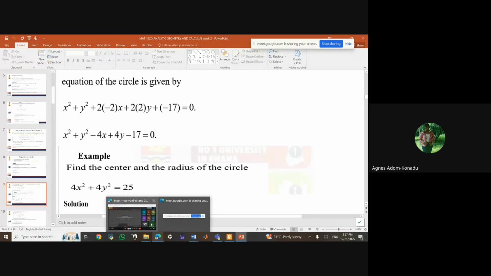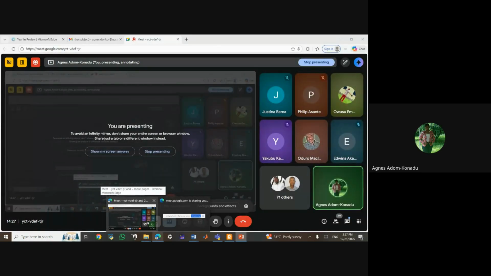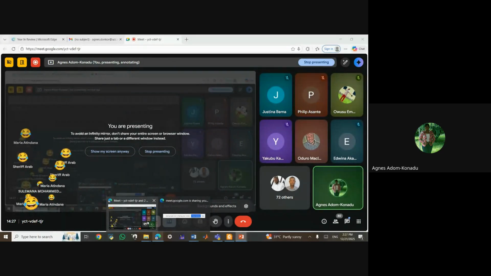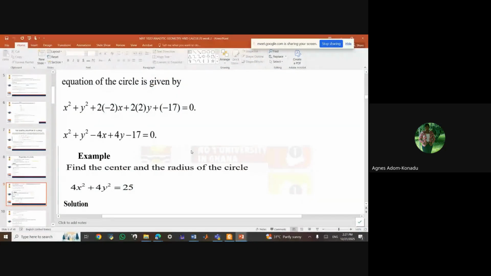Those of you who said it is 5, give yourselves a knock on the head. You have to divide through by 4 so that you have x squared plus y squared is equal to 25 over 4.